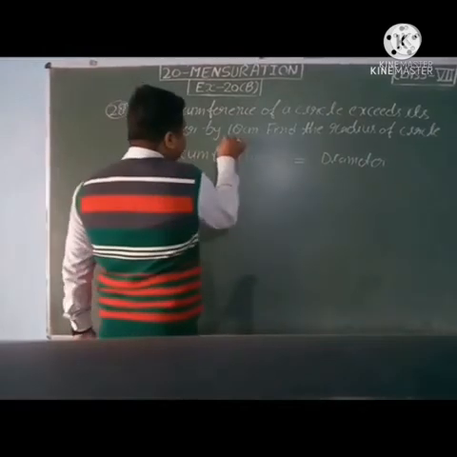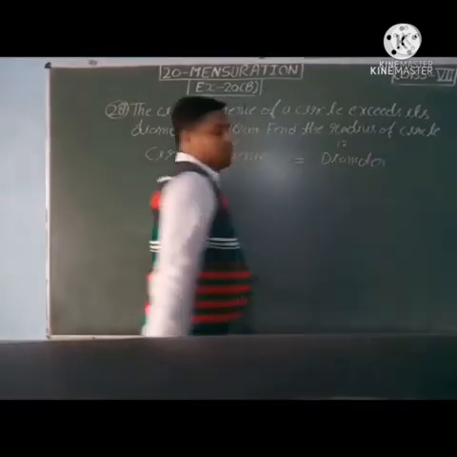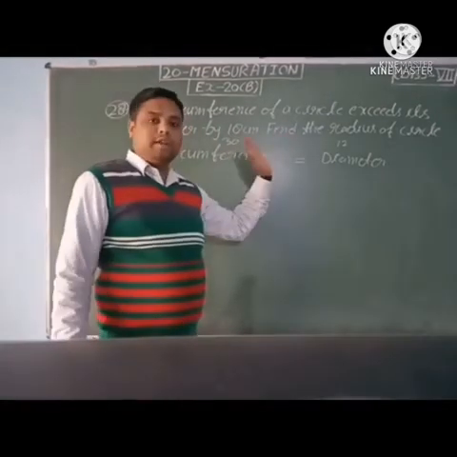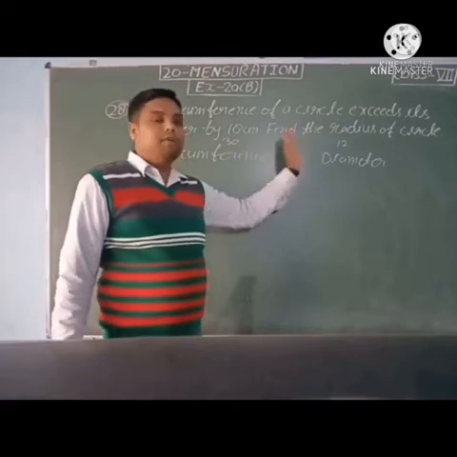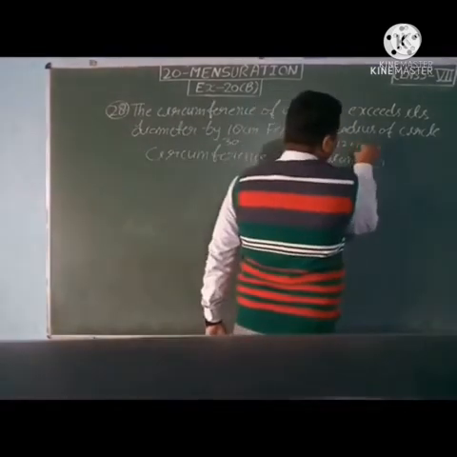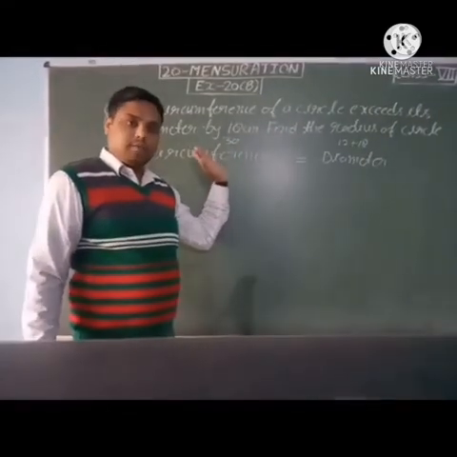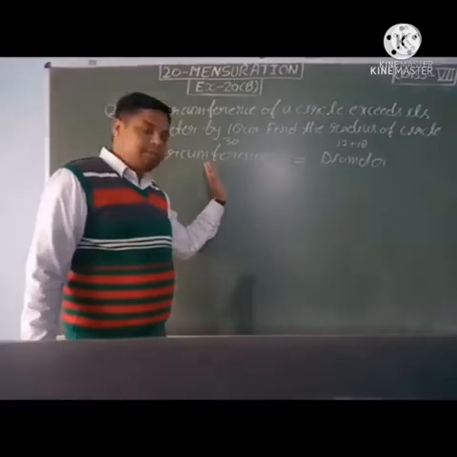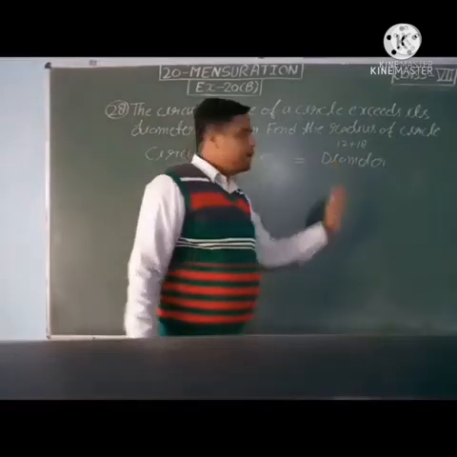Suppose this side is 30, then this side is 12. 30 is equal to 12, we can write? We cannot write because 30 and 12 are not equal. But if we will add 18 here, then we can write that they both are equal. So this side is 18 more than this. So what we have to do this side?